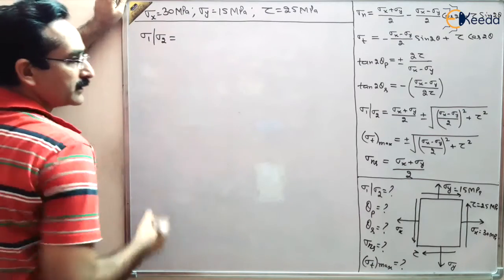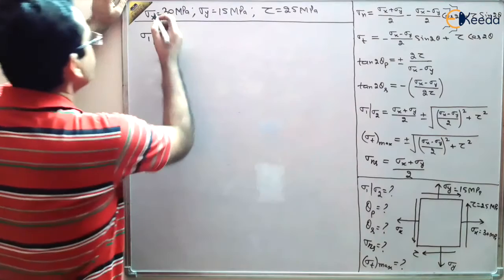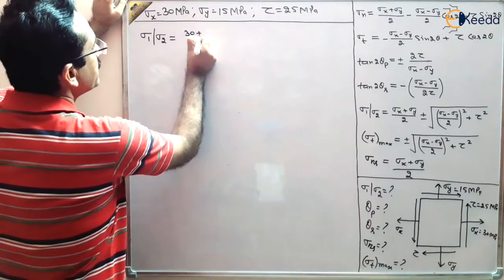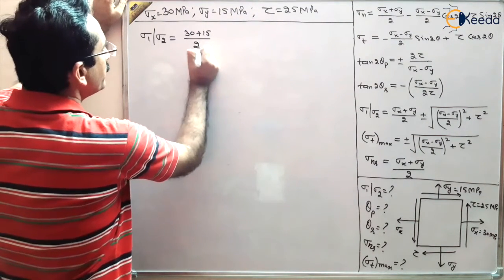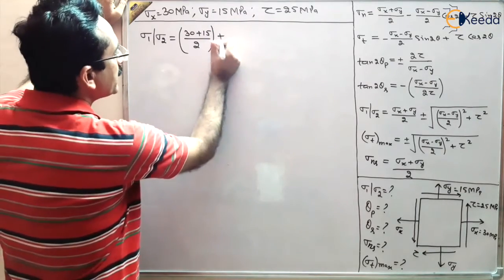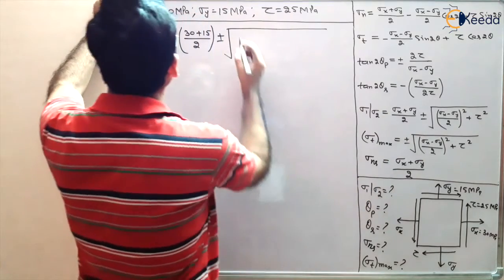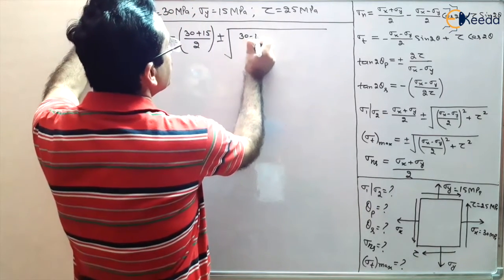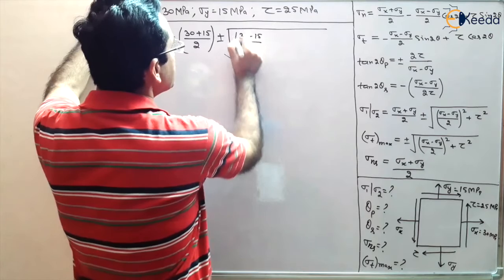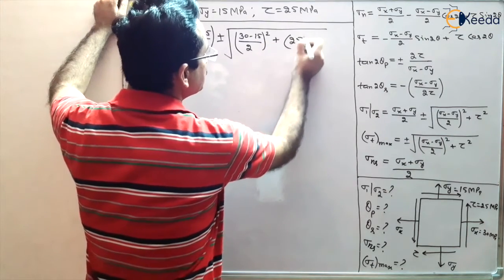Sigma 1 or sigma 2 will be equal to sigma x plus sigma y by 2, that is 30 plus 15 by 2. This is the first term, plus minus under the root, sigma x minus sigma y by 2, 30 minus 15 by 2 whole square, plus tau square, 25 square.